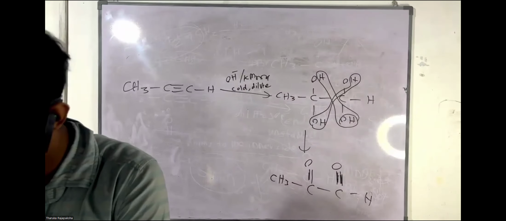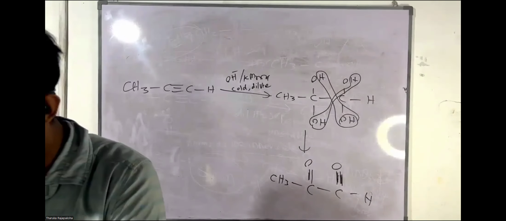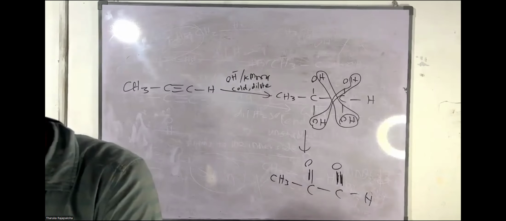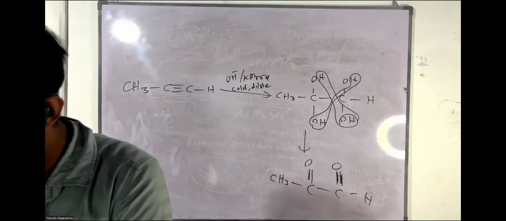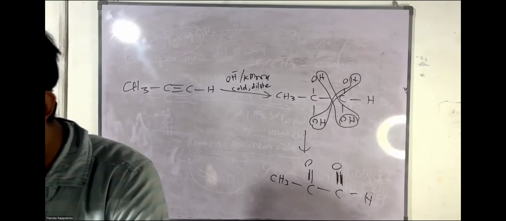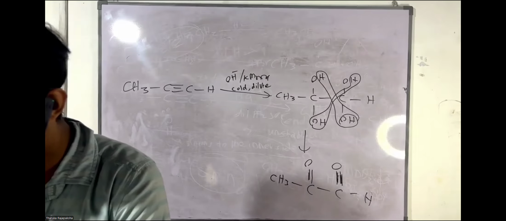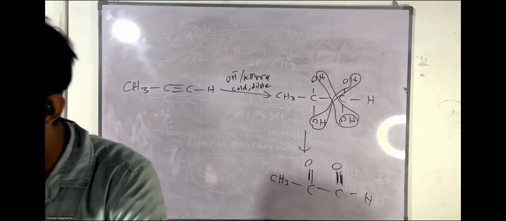Then the last one is the seventh one, reactions of terminal alkynes. You can read that part. The triple bond carbon atoms are sp hybridized. A CH bond involving a triple bond carbon is formed by the linear overlap of an sp orbital of carbon and an s orbital of hydrogen.